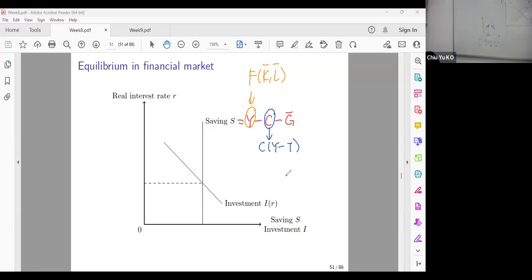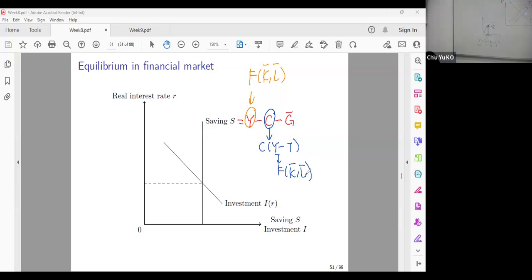Because Y is F of K and L, right? So how much you save in the long run is a fixed thing for the whole economy, right? Unless this fixed part changes, right? So suppose government spends more money, then you save less, right?